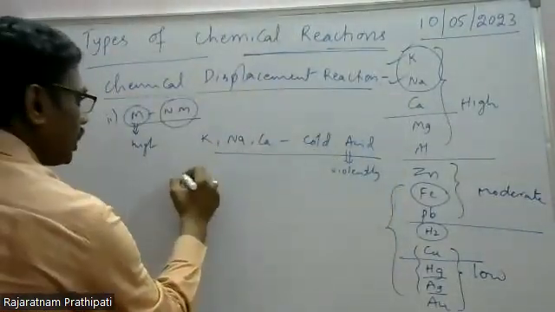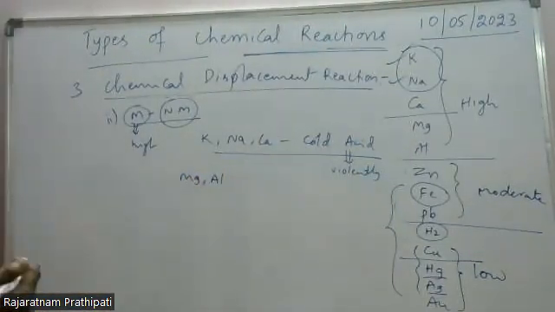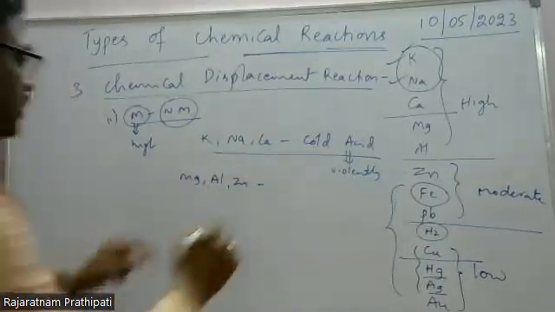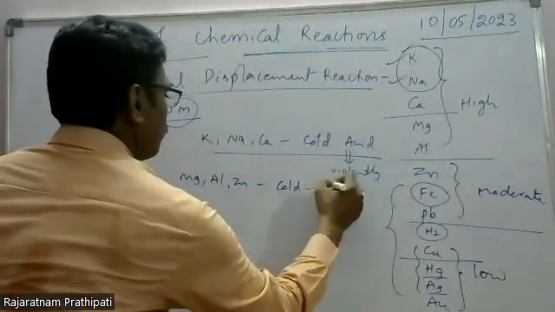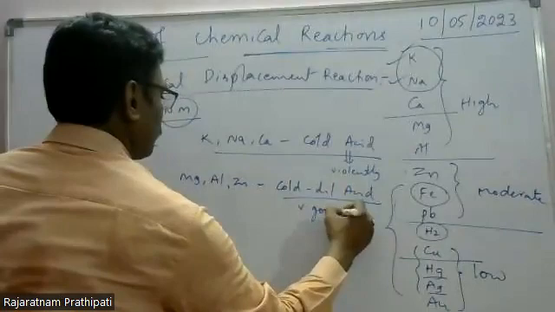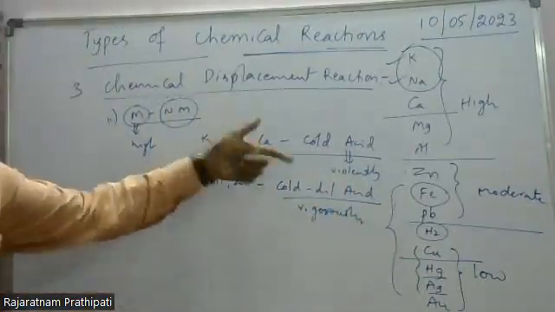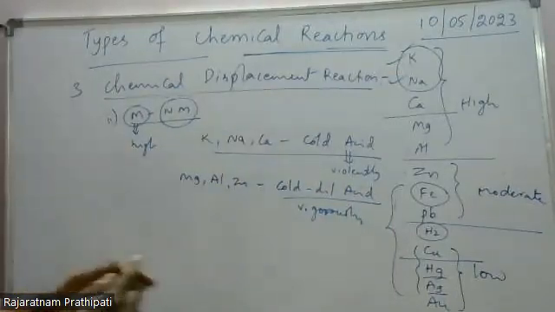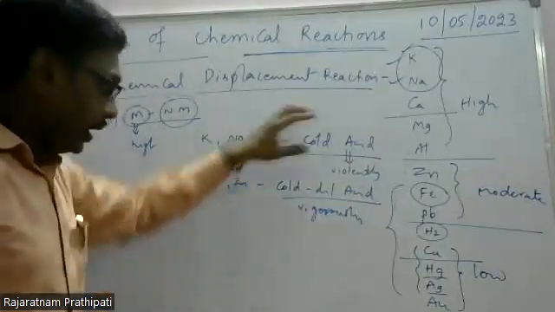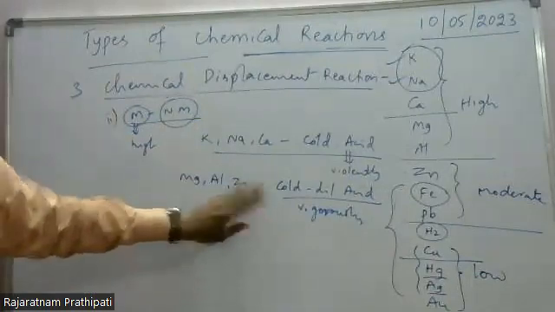In the case of magnesium, aluminum, and zinc, these three react with cold dilute acids vigorously. There is no explosion, but the reaction is fast. They are highly reactive metals, but here no explosion takes place. It is a vigorous reaction.